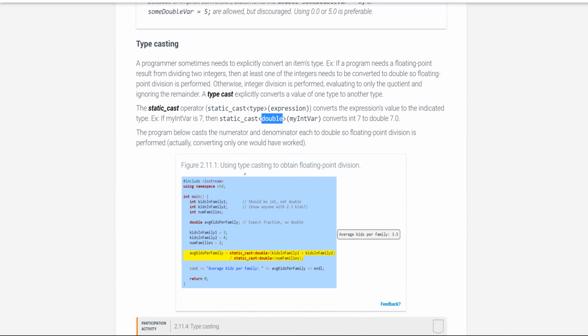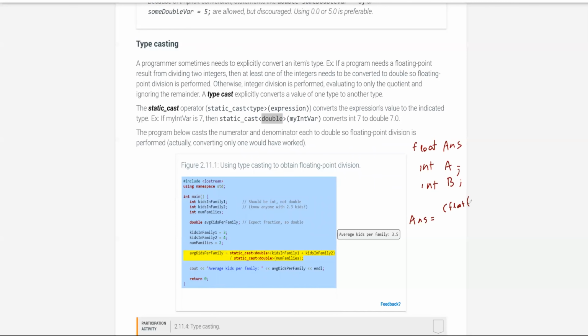Usually in C, what we used to do is something like this: if I have a float or a double as my answer, and if I have two integers, int a and int b as my values, right? And if I want the floating point answer for this, what I do is convert this one to float.